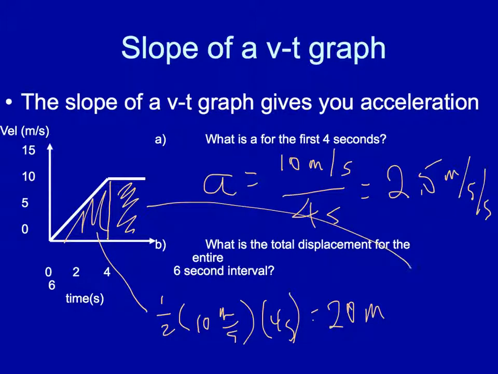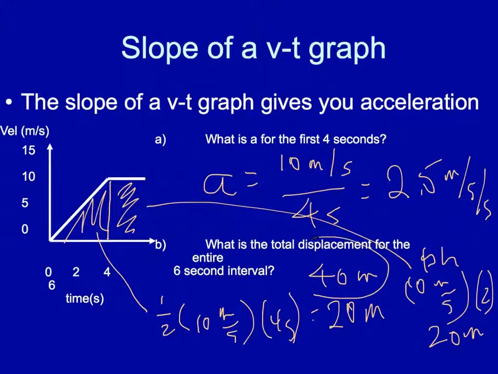For the second interval, I simply take base times height: 10 meters per second times 2 seconds is 20 meters. Total distance, 40 meters. Just add them up.